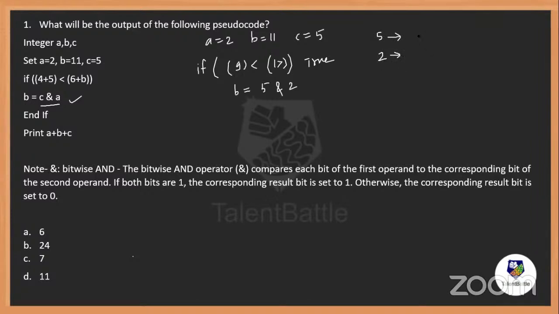So binary for 5 will be 0, 1, 0, 1 and for 2 it will be 0, 0, 1, 0. And if you perform the bitwise AND operation, you will get the output 0, 0, 0, 0. That is decimal 0. Means the value of B will become 0 when you check the first if condition. So if complete.